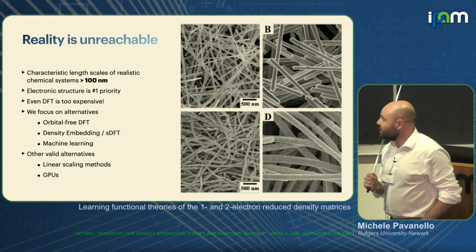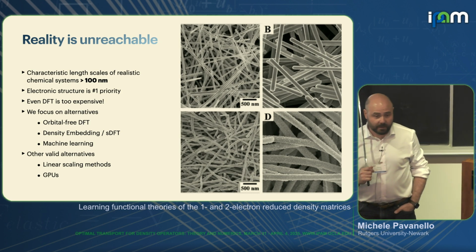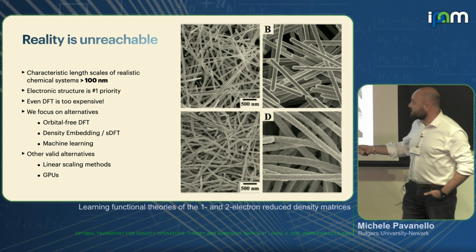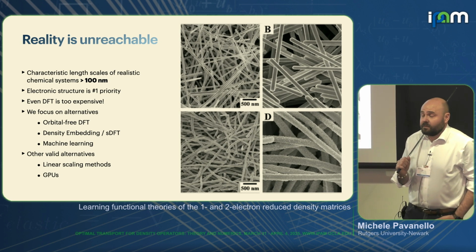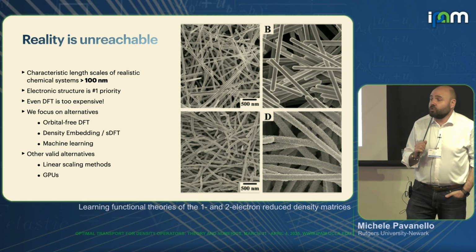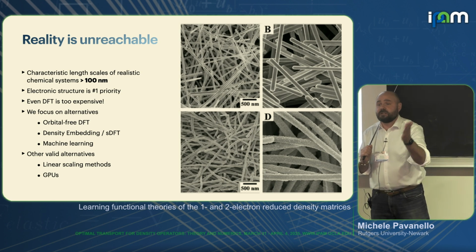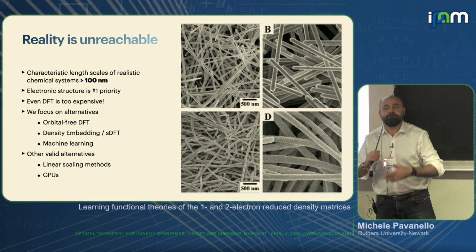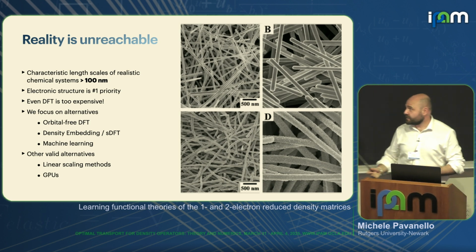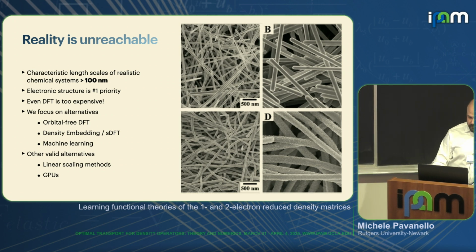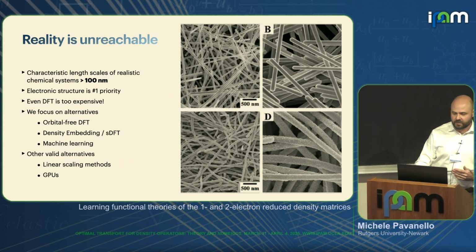Many times we can, but often, in the majority of cases, we can't because these systems are too complicated. And they're too complicated because they're too big. And when they're too big, even DFT, which scales cubically with system size, has trouble. So we are after the electronic structure of these realistic systems.